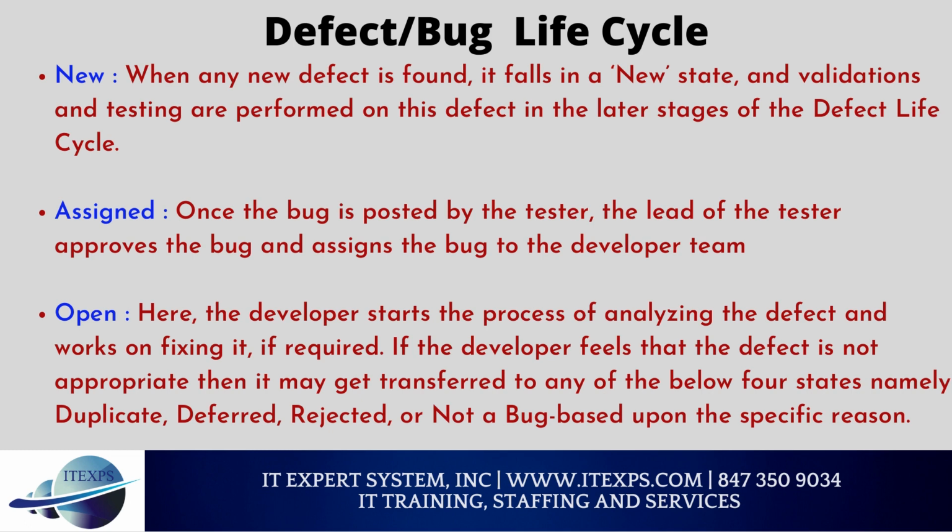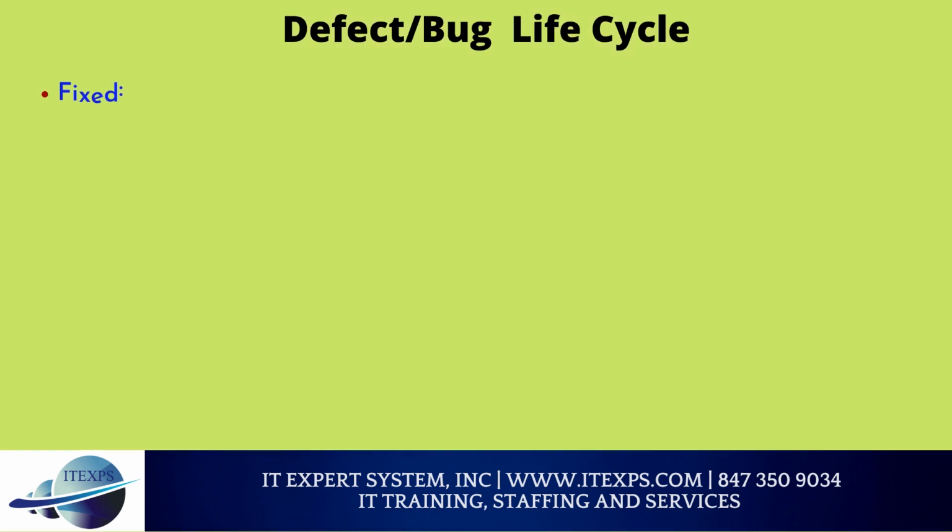Open. Here, the developer starts the process of analyzing the defect and works on fixing it, if required. If the developer feels that the defect is not appropriate, then it may get transferred to any of the below four states, namely duplicate, deferred, rejected, or not a bug, based upon the specific reason. Fixed.